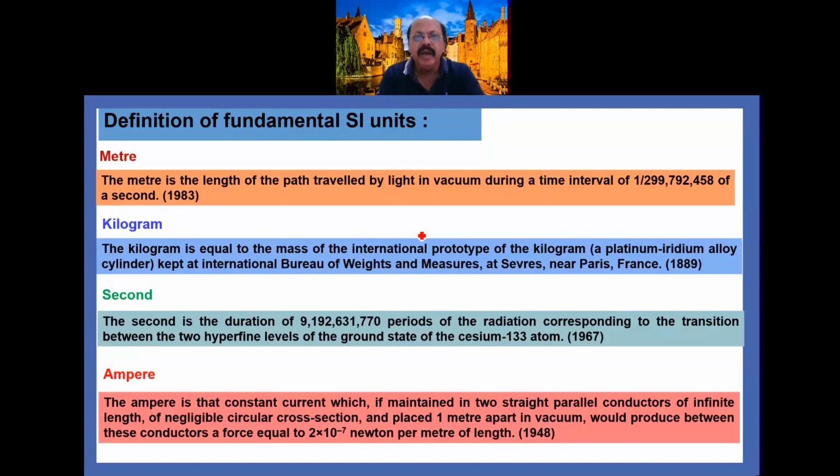And in class 12 you have to perform a derivation for calculating this force between the two current carrying infinite length conductors, and from there we get this definition, and that formula of the force that comes is F upon L equal to mu naught upon 4 pi into 2 I1 I2 upon R. So by this formula we have to define 1 ampere, and it comes the same as written over here.